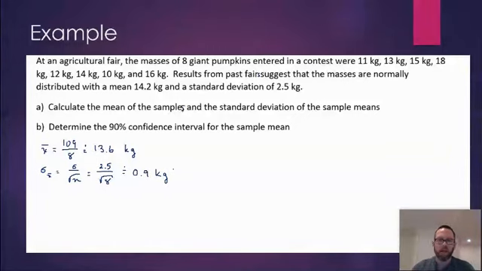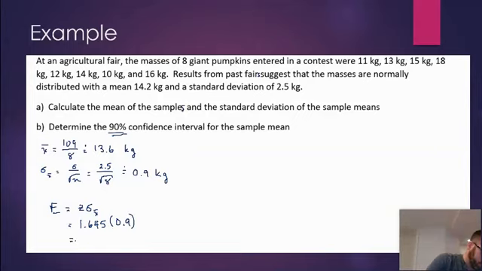So we can do that here by finding our margin of error. The formula is a lot easier. It's just Z times sigma x bar. And we want a 90% confidence interval. So for this question, our Z we've been using is 1.645, times 0.9. And we get about 1.5.